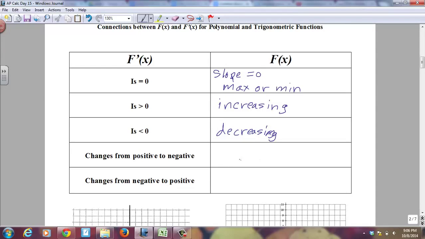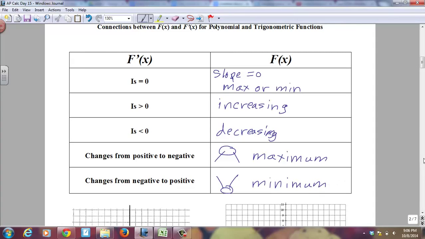Alright, so when the derivative changes from positive to negative, so slopes that are positive to slopes that are negative, what happens right in here is the function has a maximum. When the derivative, the slope, changes from negative to positive, that's where the function has a minimum.